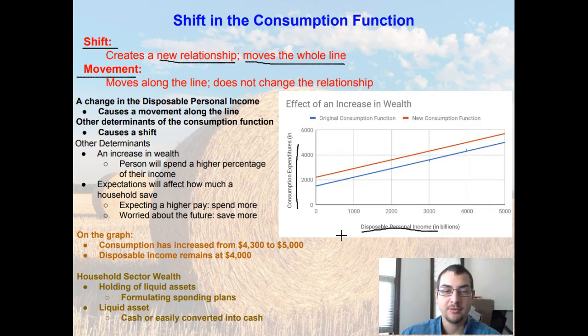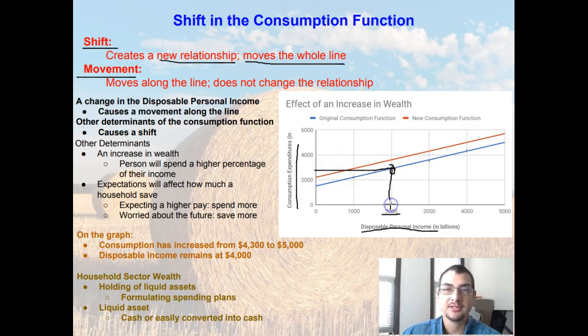But it's a relationship. And we could say that at a disposable income of $1,000, there is roughly a little over $2,000 worth of consumption. We can see that at an income of $2,000, there's more like $3,000 worth of consumption. So it's a relationship.